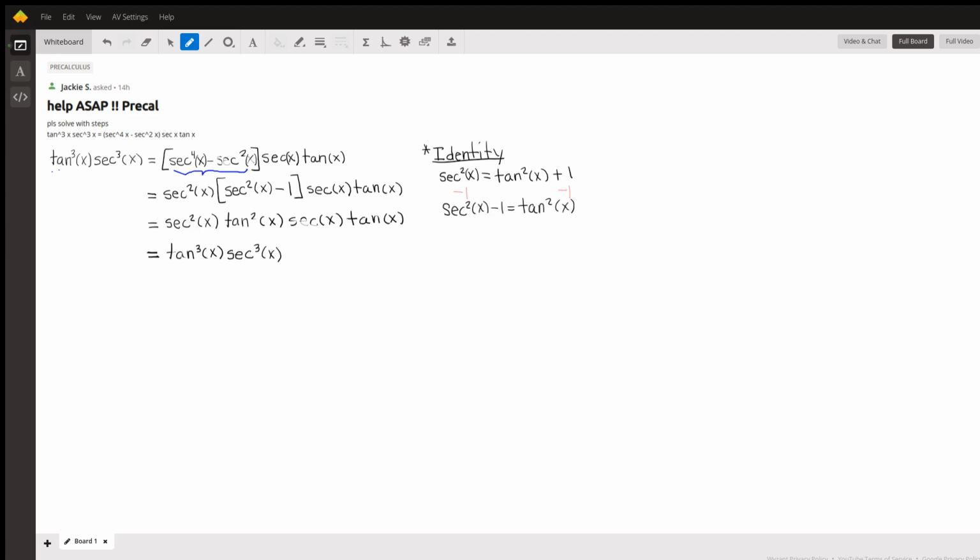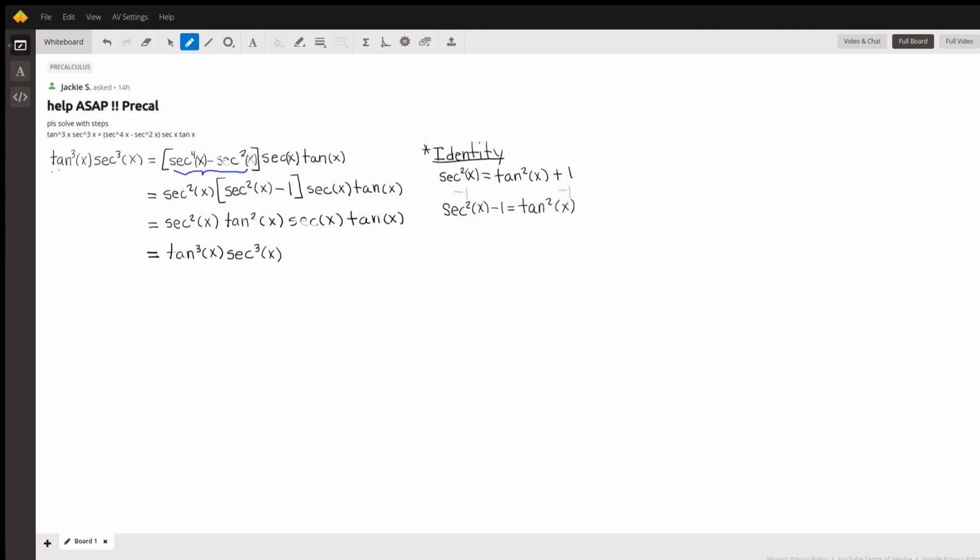Secant squared x times secant squared x is what? Secant fourth x. So that's correct. And secant squared x times negative 1 is negative secant squared x, hence the minus secant squared x there. So we've done our factoring correctly and we can move on.